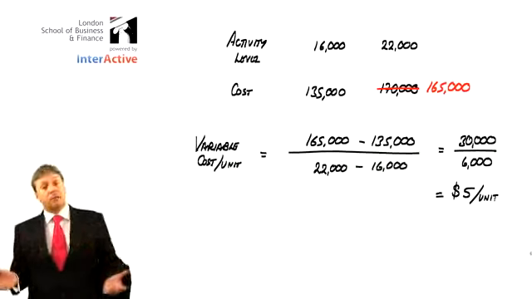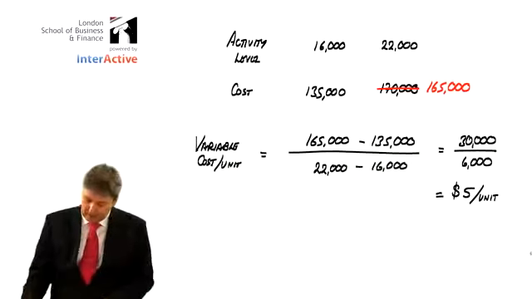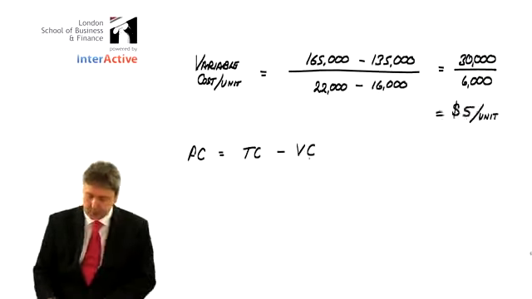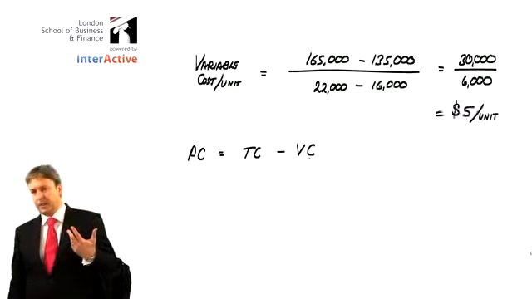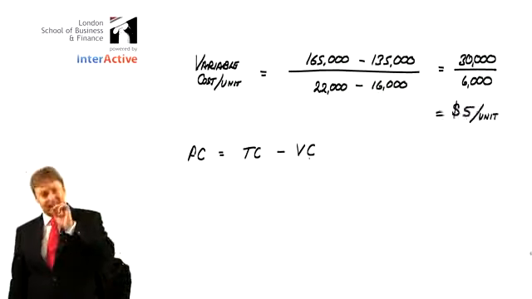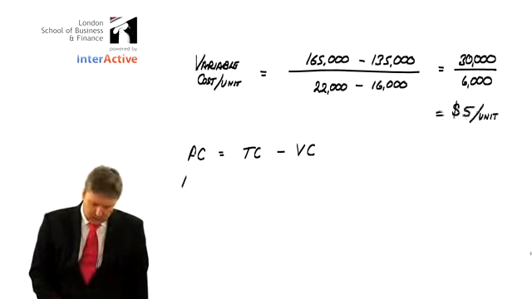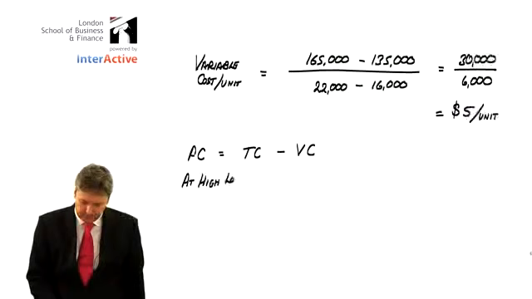Now, once we've got our variable element, fine. Then we can easily establish our fixed cost. We know that the fixed cost equals the total cost minus the variable cost. Now we have to be careful here because remember we are ignoring the step cost. But don't worry, we can add it in if necessary later on. Let's go for the high level of activity. You don't have to, but I always do.